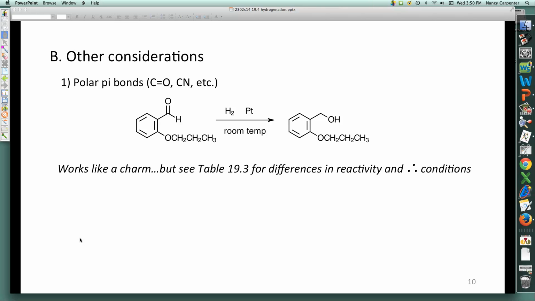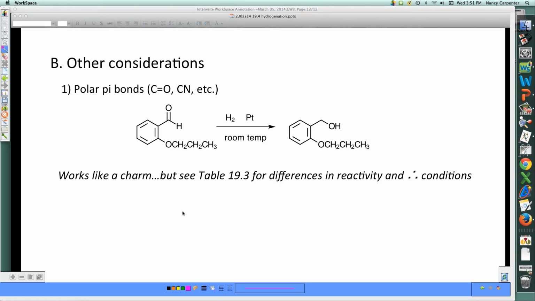Okay, so other considerations with respect to these hydrogenations. Well, these are pi bonds too. A nitrile, pi bonds. They'll all reduce with hydrogen gas. It works like a charm. So if I have this aldehyde, hydrogen gas, catalyst, in this case I didn't show the support, but a very common support for platinum is just platinum on carbon.